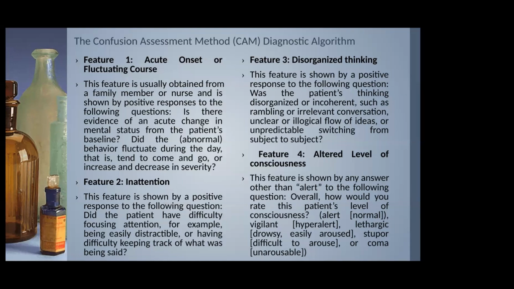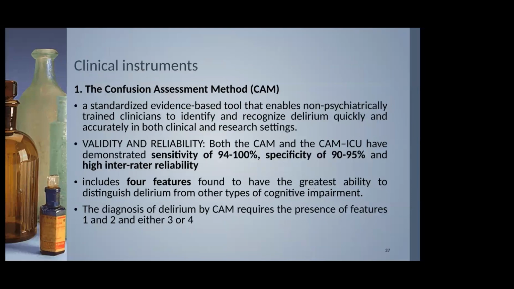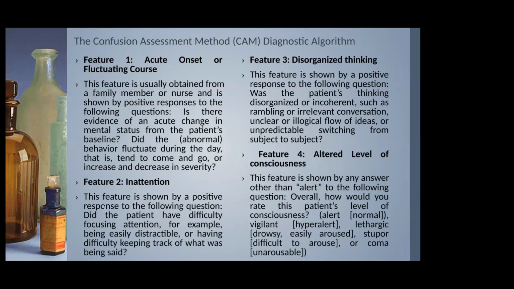To diagnose delirium by this tool, it requires the presence of features 1 and 2. Feature 1 and feature 2 are a must, but additionally, feature 3 and feature 4 can be present, or they can be absent.